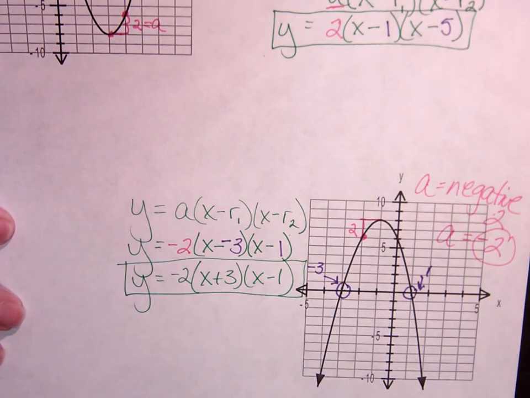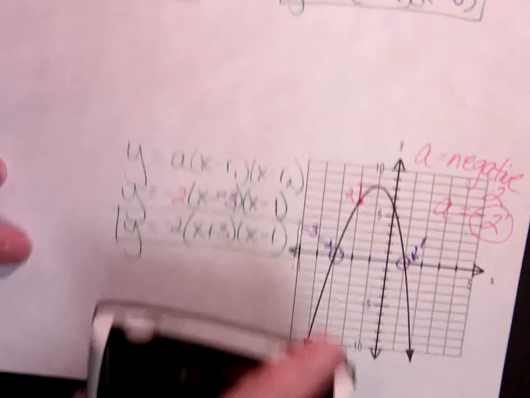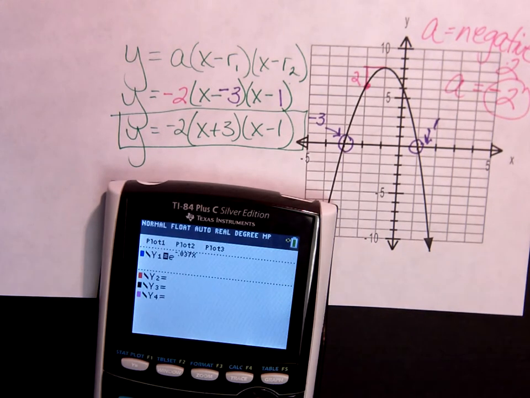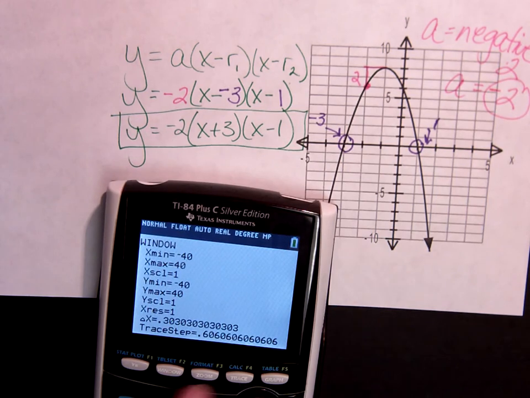Okay, if we go check that, y equals negative 2 times x plus 3 times x minus 1. Oops.